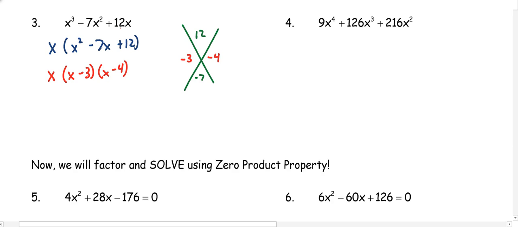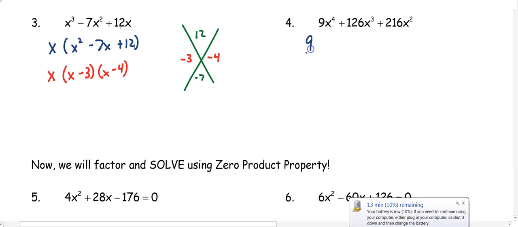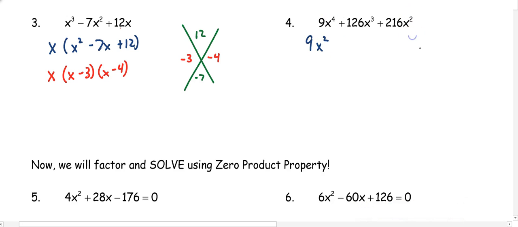In number 4, to get an x squared, we're going to have to GCF out a number and a variable this time. If I want x squared, I get rid of the 9. For the variable, I need to factor out the lowest exponent, which is x squared. So if 9x squared is my GCF, we're going to divide everything by 9 and decrease the exponents by 2.